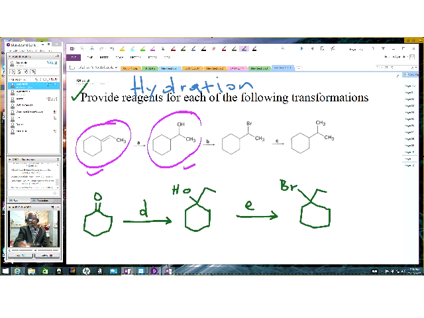Very good. What kind of hydration is this? Is this a Markovnikov addition of water, because we know that hydration is addition of water to a carbon-carbon double bond? Is this a Markovnikov addition of water or anti-Markovnikov addition of water?